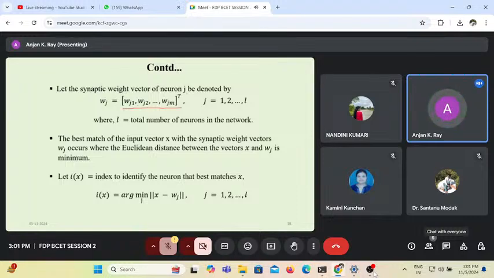Now, j means this jth neuron, but the index 1 to m means that this m comes from the input side, the dimension of the input, and j refers to the number of neurons available in your network. So L is the total number of neurons in this network.